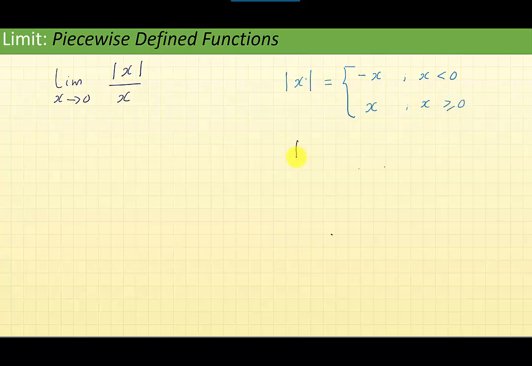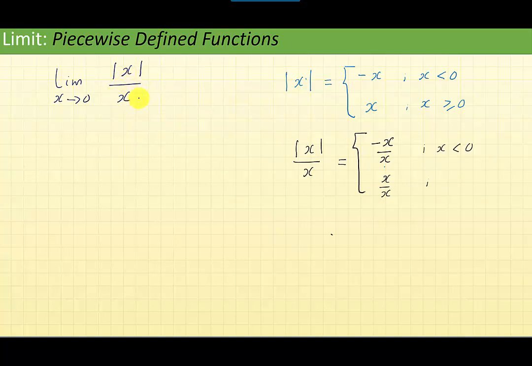Therefore, the absolute value of x over x is equal to negative x over x when x is negative, and x over x when x is greater than or equal to 0. However, if you look at the function, the denominator x becomes 0 when x is equal to 0.